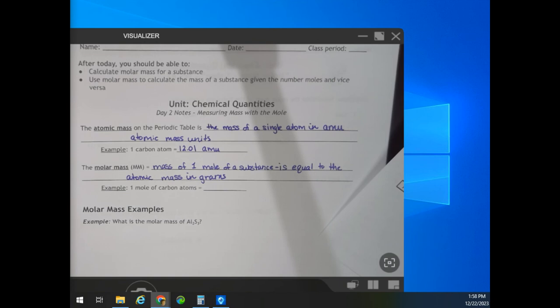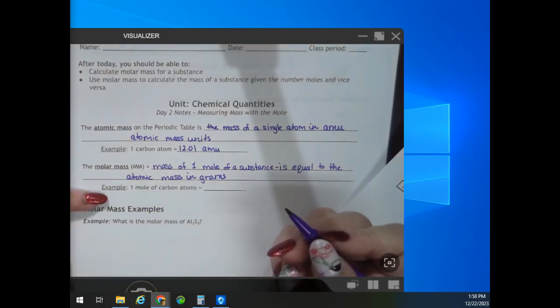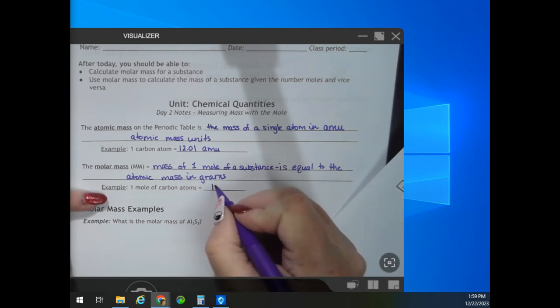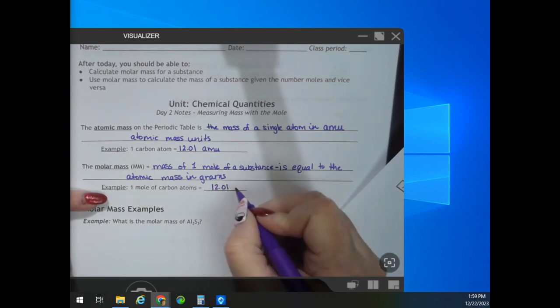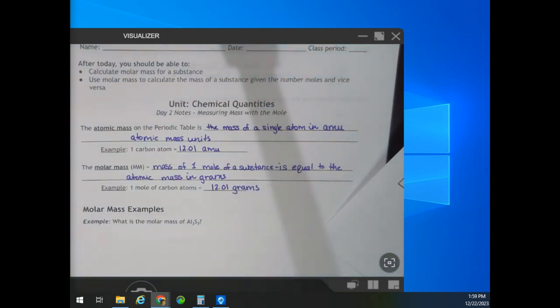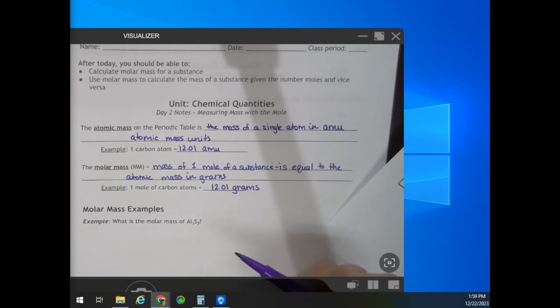So if we use this example, 1 mole of carbon atoms has a mass, which we can measure in the lab, of 12.01 grams. Basically, what that means is that if we have a mole of substance that's 6.02 times 10 to the 23rd pieces, it would have a mass of 12.01 grams.